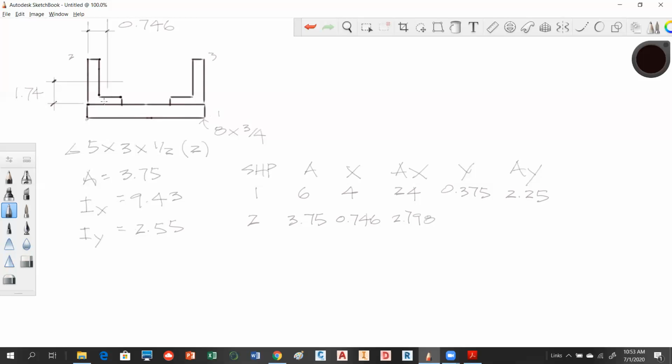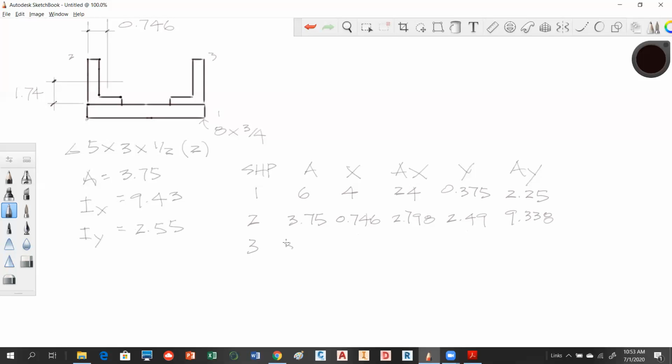The Y distance would be the distance from the origin up to that point, and that's going to be 3/4 plus 1.74, which should give us 2.49. We multiply that times the area, and that gets us 9.338.